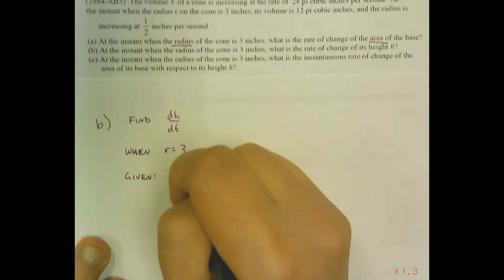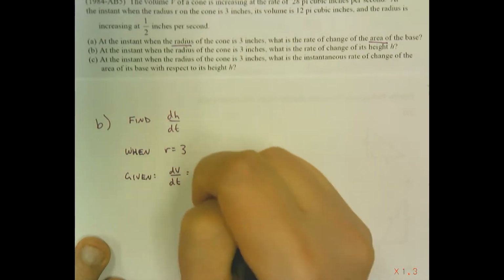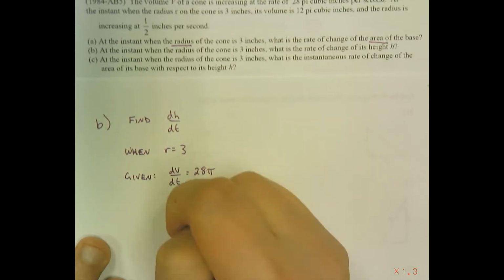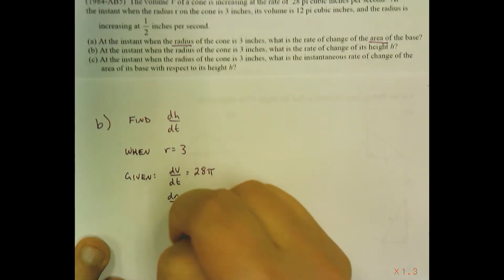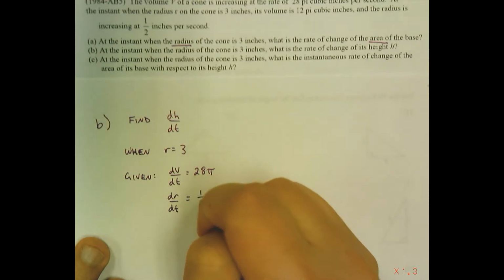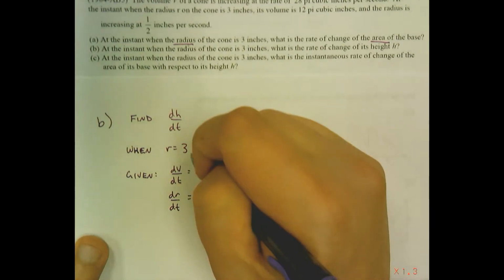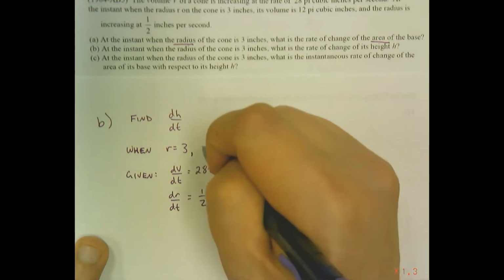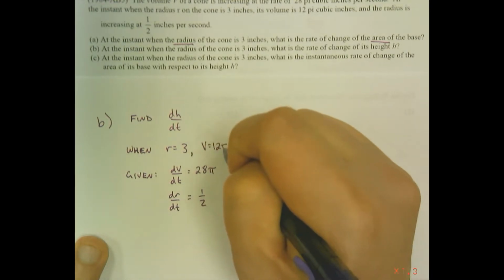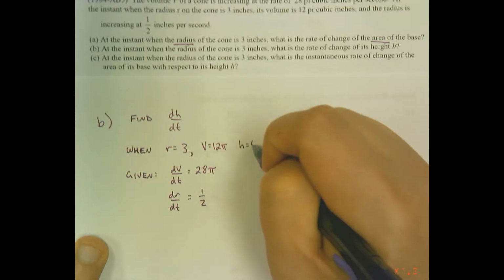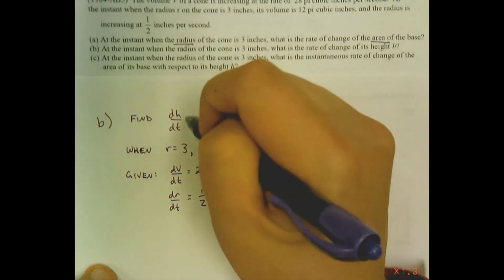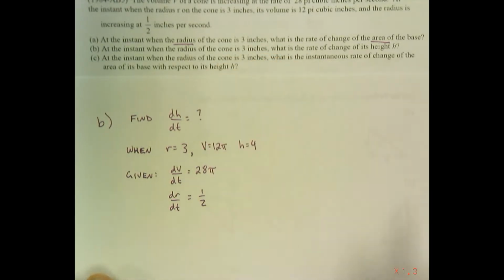We're given dV/dt is 28 pi, and we're given dr/dt is 1/2. Also, we've established that when the radius is 3, volume is 12 pi, and h is 4. So that's all the information that we established prior to executing Part A.